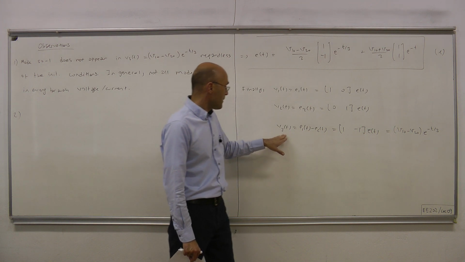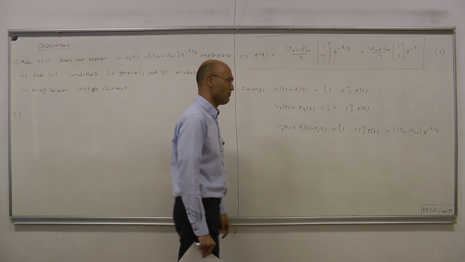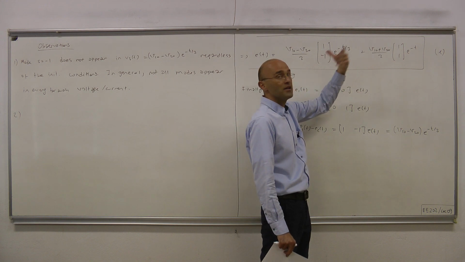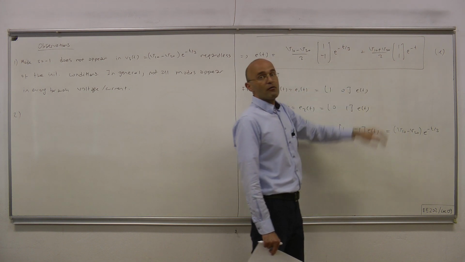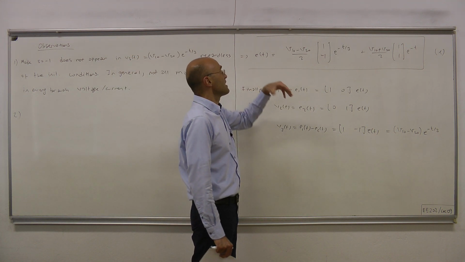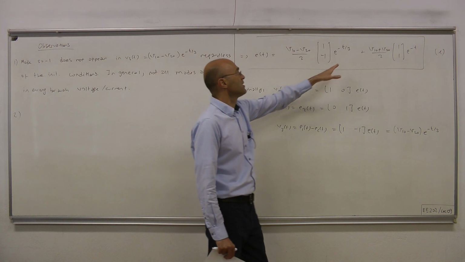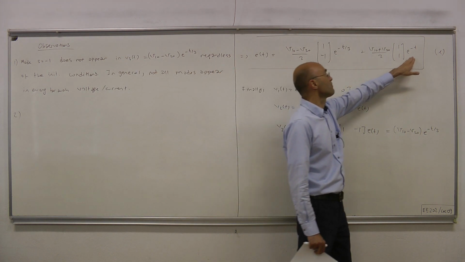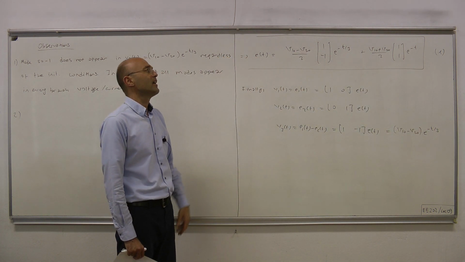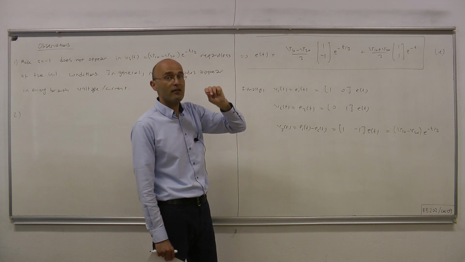For this case, the mode at -1, or e to the minus t mode, disappears only from one branch voltage, and that disappearance is there regardless of how you choose the initial conditions. Now if you ask the question, can I choose the initial conditions such that a mode, either s equals -1/3 or s equals -1, disappears from the entire circuit? It's easy to see that you can do that if you choose your initial conditions very carefully.